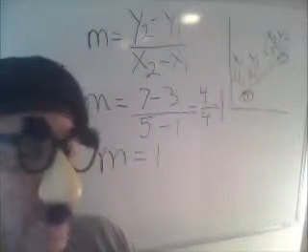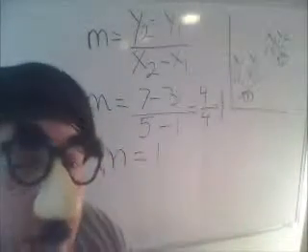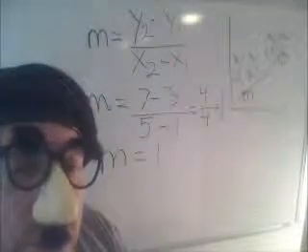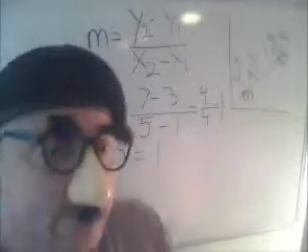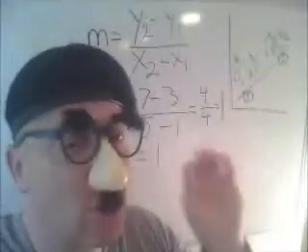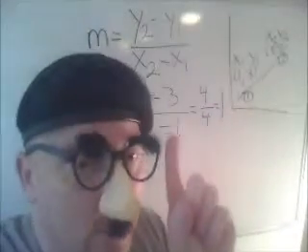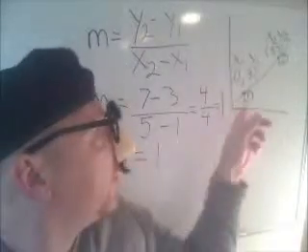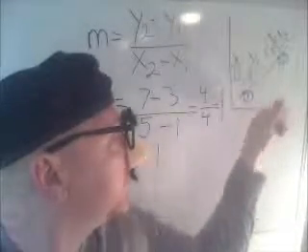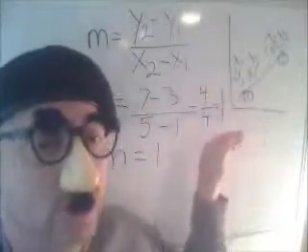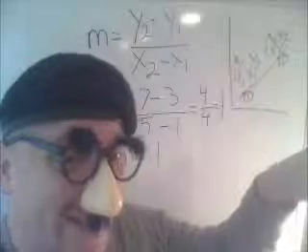What does that mean? What it means is that for every one step that this line goes up the vertical axis, it goes one step to the right on the x-axis. It's a quantification of the slope of this line. One more time. As we move up 1 unit on the y-axis, for this particular line, since it has a slope of 1, we also move 1 unit to the right on the x-axis.